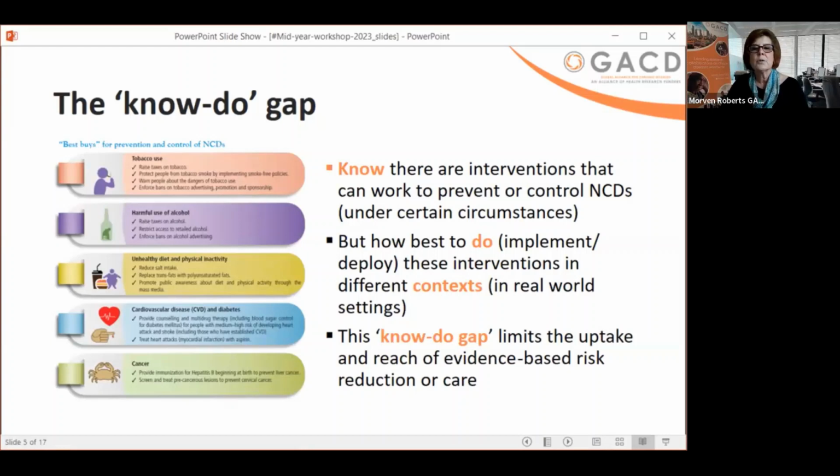So today's workshop is aiming to take a little time to explore the context situation. So how do we assess context in implementation research and non-communicable diseases? And we will hear some examples of that context assessment and the importance of context.